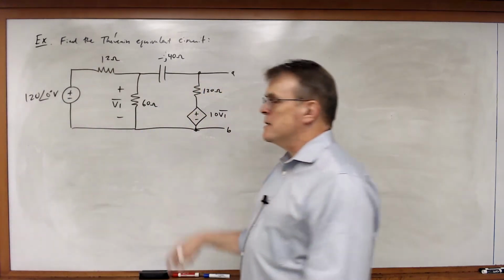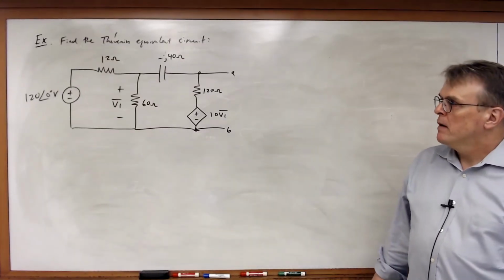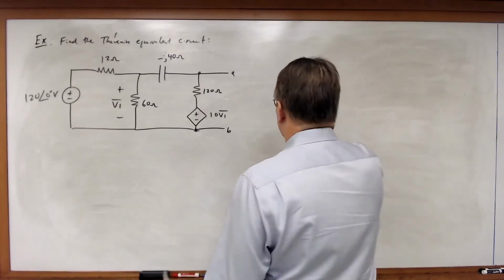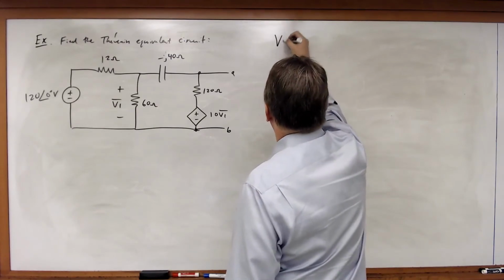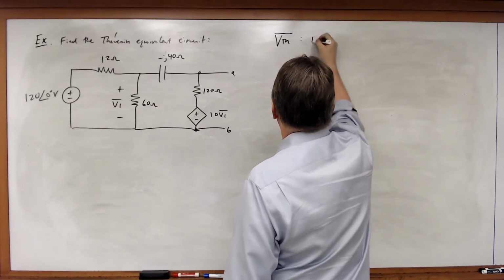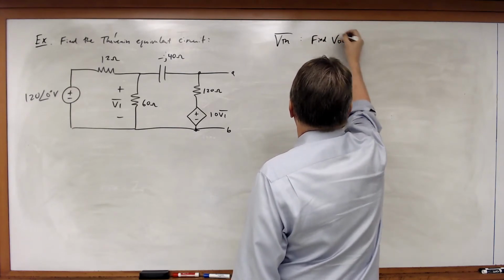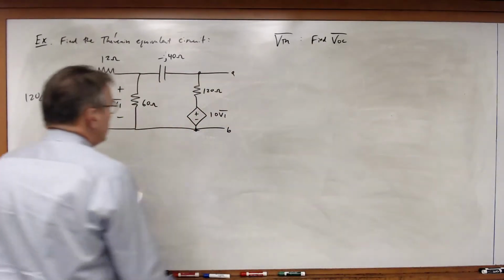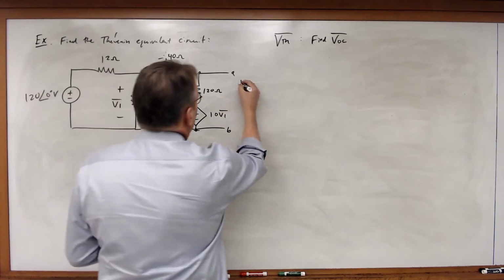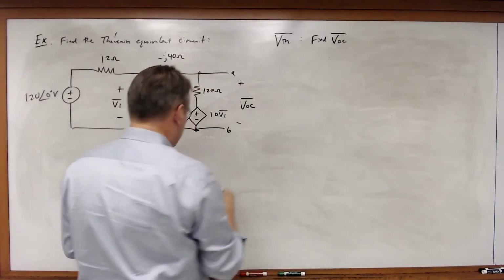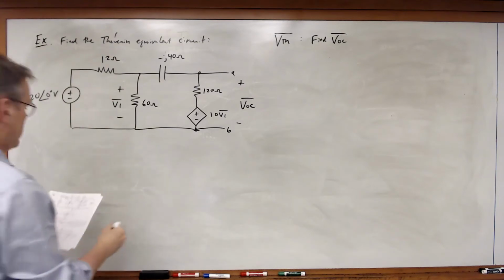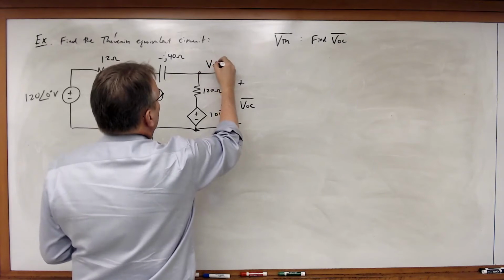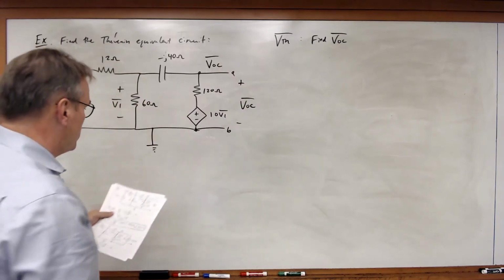We're going to use exactly the same type of technique we did before. So first of all, if we're going to find the Thevenin equivalent, we have to find the open circuit voltage. So let's find the open circuit voltage in the phasor domain, or in the frequency domain. And so in this case, we want to find VOC, and I'm going to go ahead and ground the bottom node. That makes this top node voltage VOC by definition.